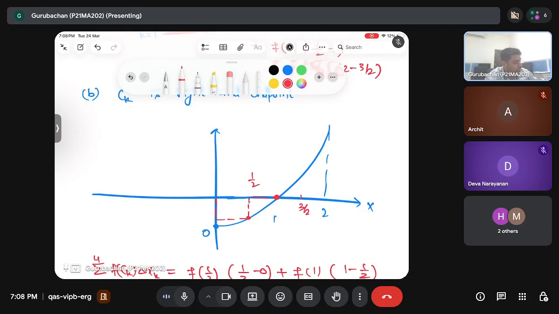So the rectangle will be itself the line. Next, between half to 3 by 2, this is the value at 3 by 2, and the rectangle will be like this. Now, what is the value at 2? This one. So the rectangle will be like this. Is it clear?